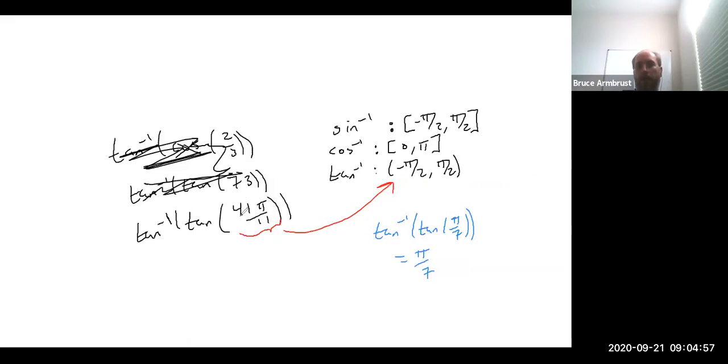Now, this specific one that we made is not in this interval. 41/11 pi is somewhere between 3 and 4 pi, which is way too big. So what we need to do is backtrack until we get into this interval.